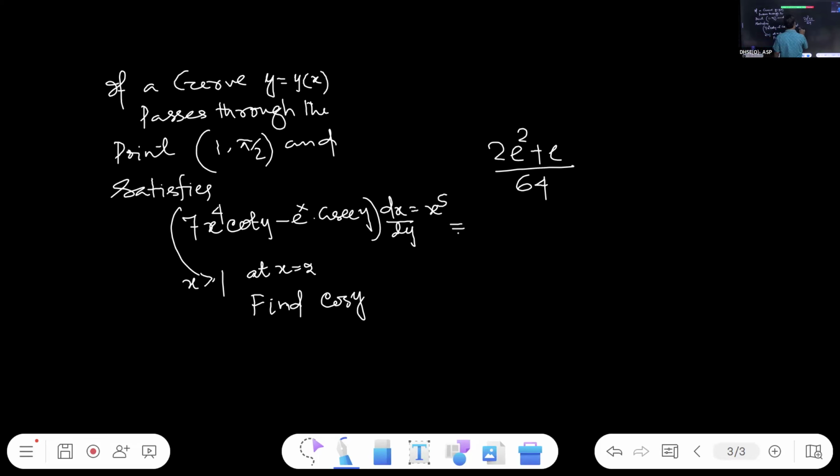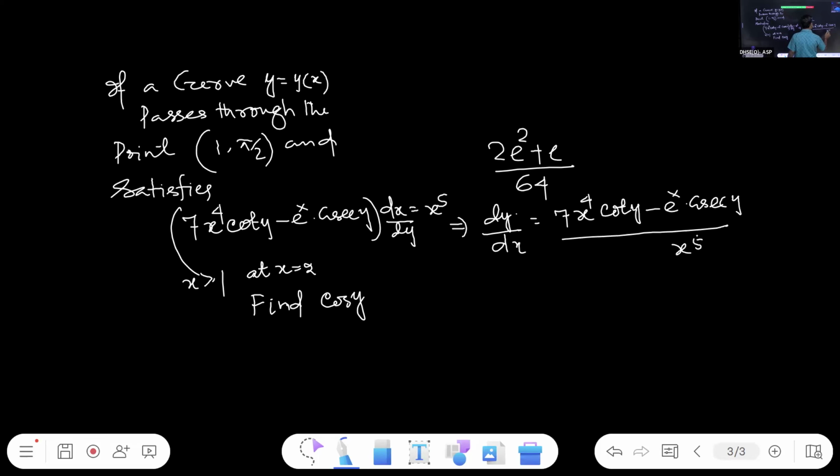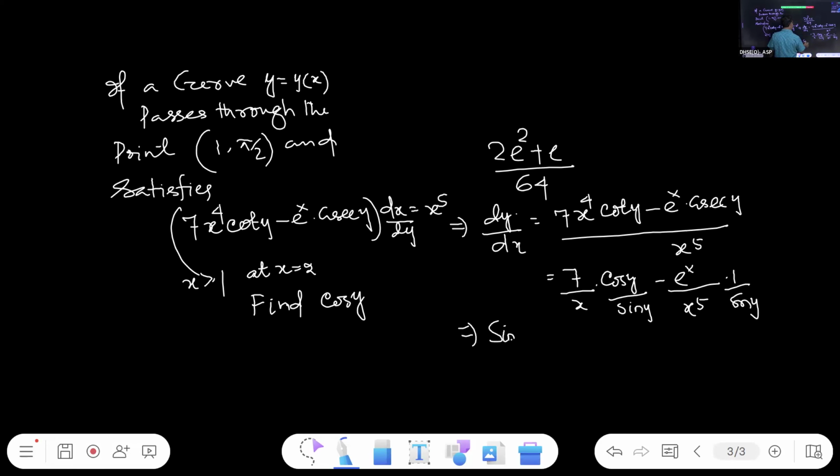So rewrite the equation: dy upon dx equals 7x to the power 4 into cot y minus e power x into cosec y, upon x to the power 5. This is 7 by x into cos y by sin y minus e power x upon x to the power 5 into 1 by sin y. Or sin y into dy upon dx equals 7 upon x cos y.